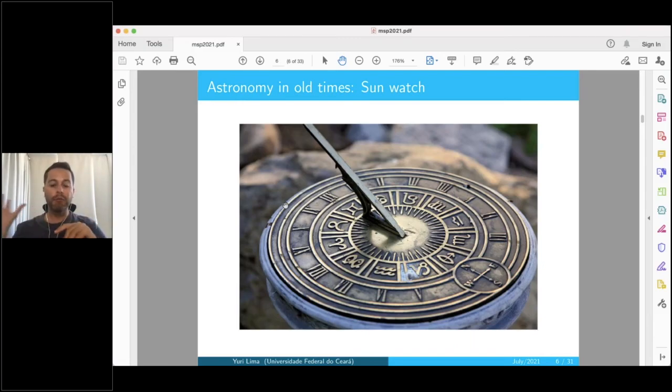So again, by the movement of this star, which is the sun, you can gather knowledge about your day, and by that you can make better choices during your day.